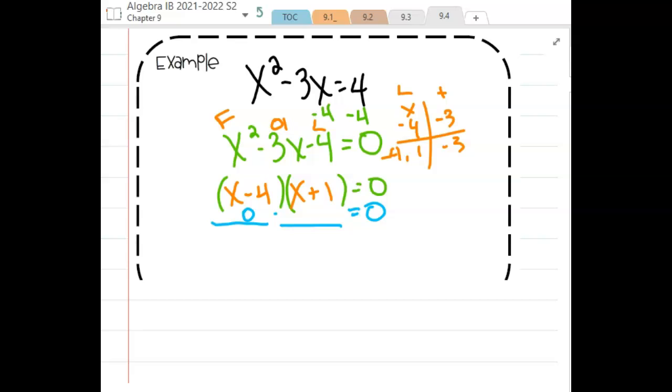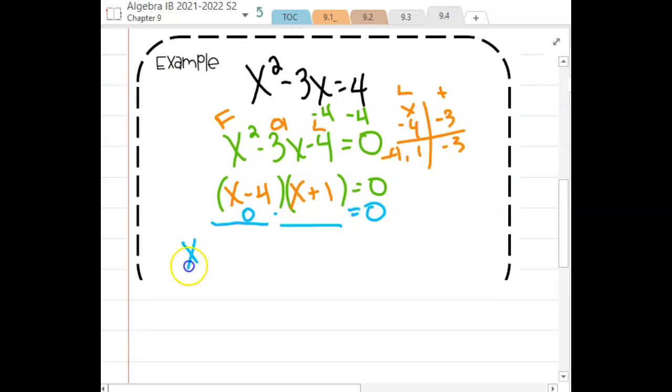If this is 0, and kind of ignore the fact that it's parentheses real quick, even if you think about distributing it, 0 times x, 0 times 1, it's just 0, right? 0 times anything would give you 0. So if that is 0, it would work.